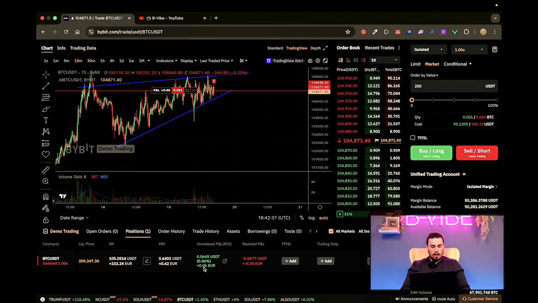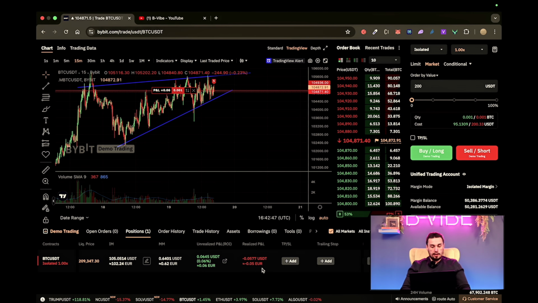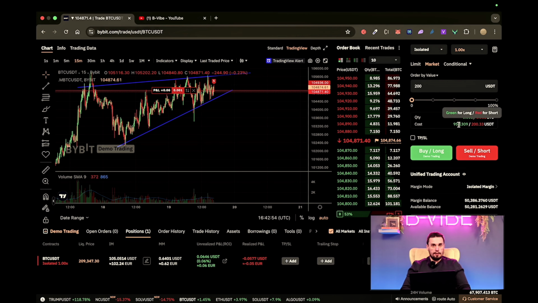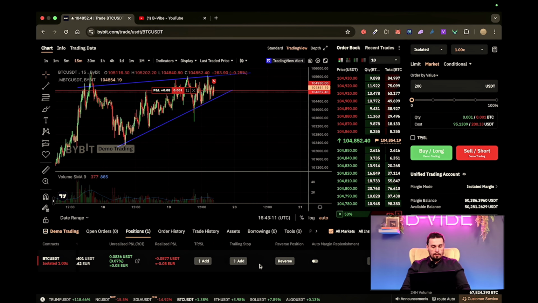I am currently 6 euro cents in profit, but I also have 5 cents of realized loss, because you saw that I had to pay some kind of fee. You have to pay a fee to the platform itself, and this fee is automatically and immediately included as a realized loss, so you cannot avoid it.